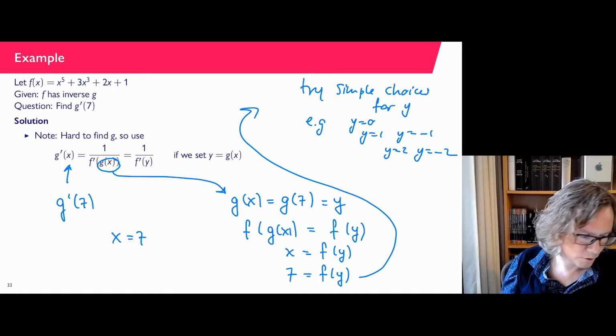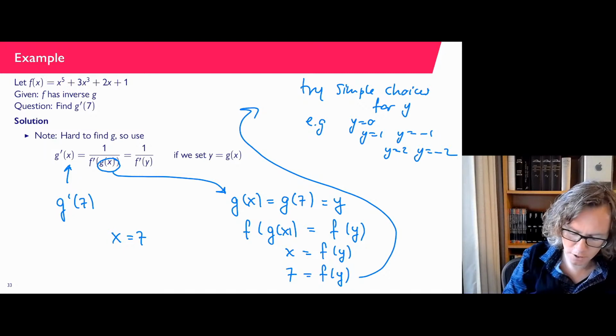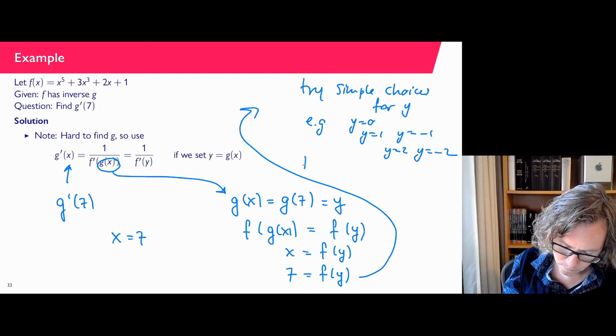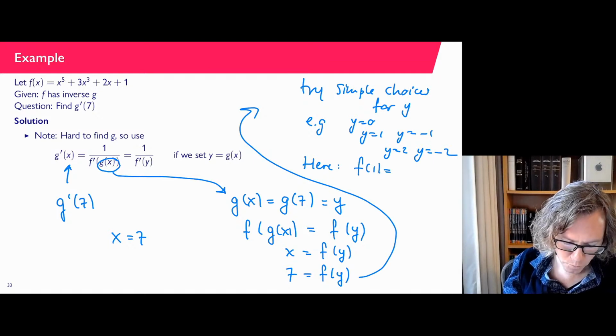So here, let's see, what do we have? If you take y equals 1, then we get 1 plus 3 plus 2 plus 1 equals 7.